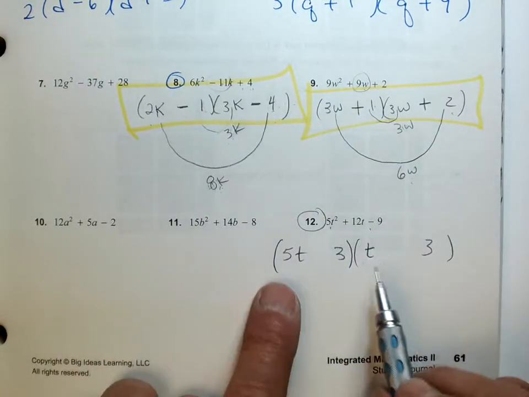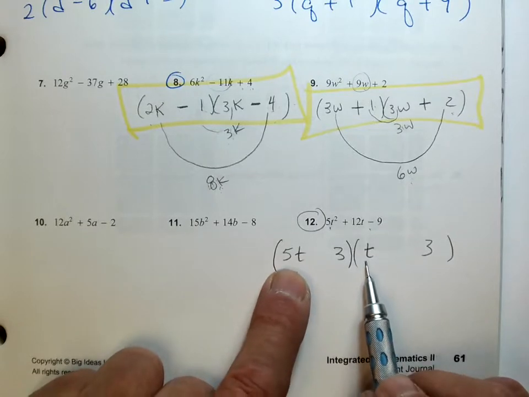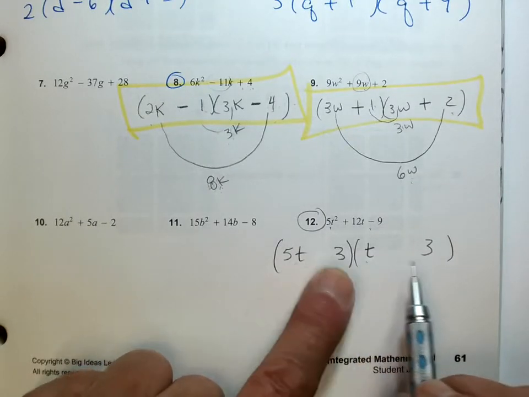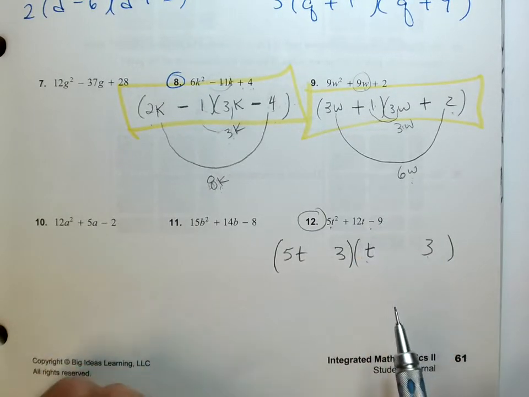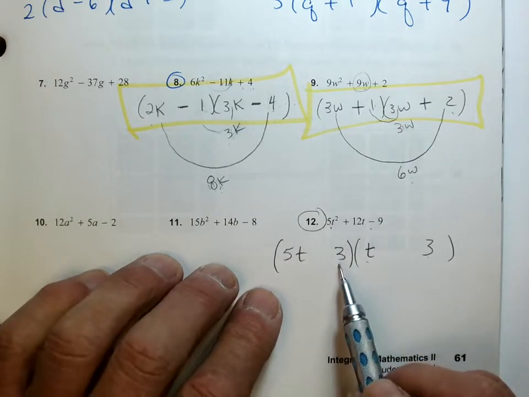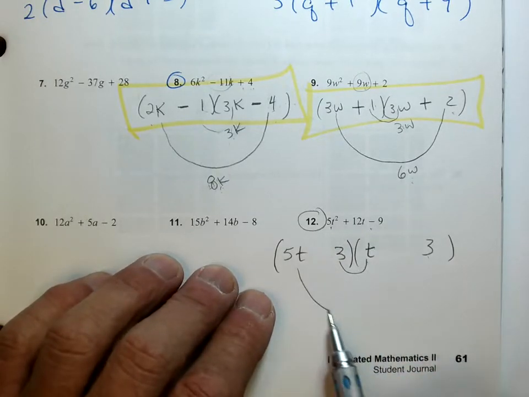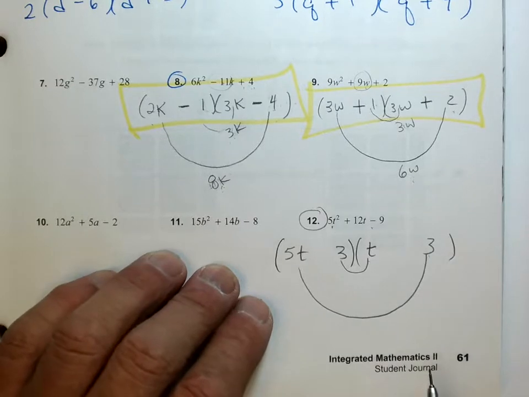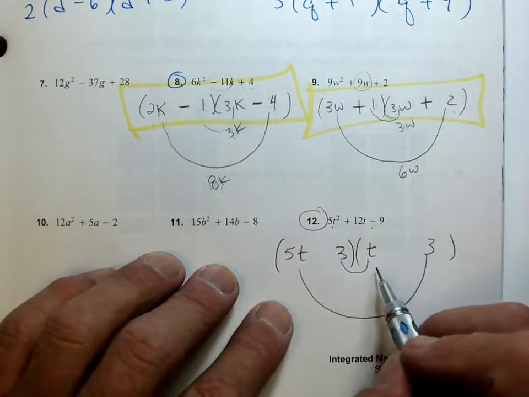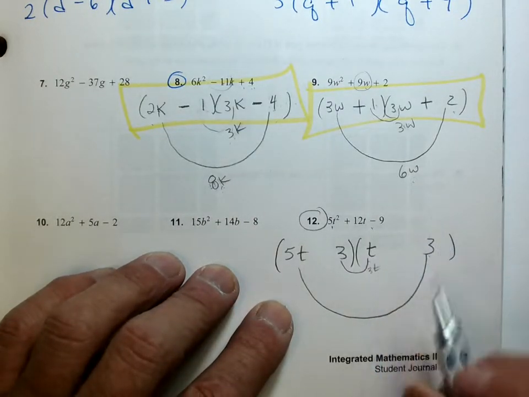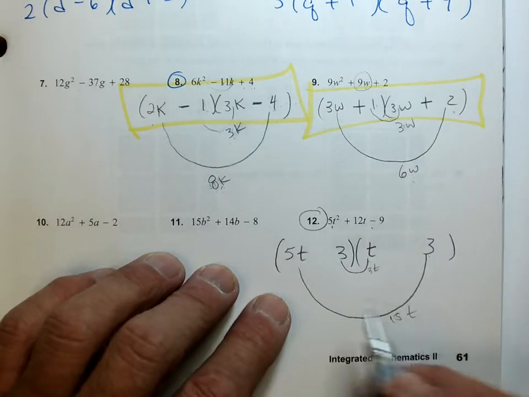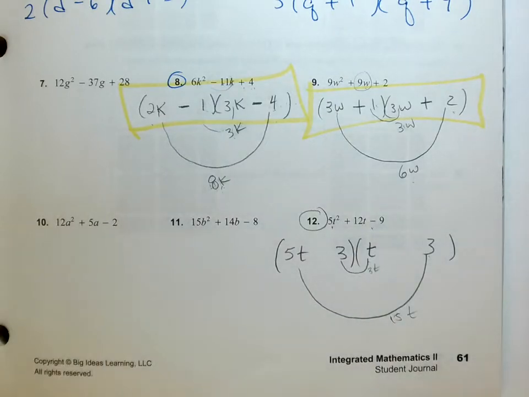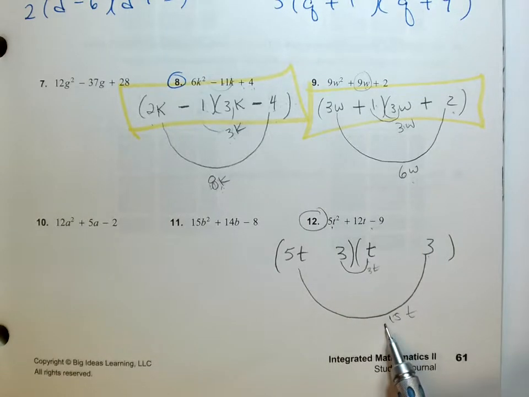Now, here's how I check it. There's my 5t squared, right? There's my 9. Where's the 12 come from? So let's do my double smiley. Here's my 3t. There's a 15t. Now, I need a positive 12, so I need the 15 to be positive.